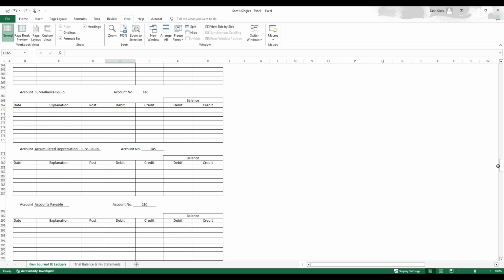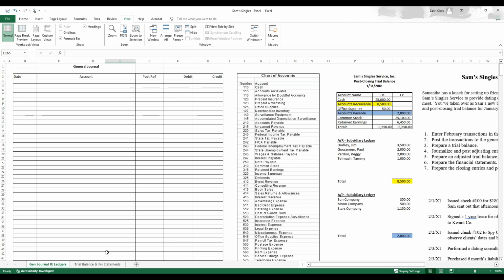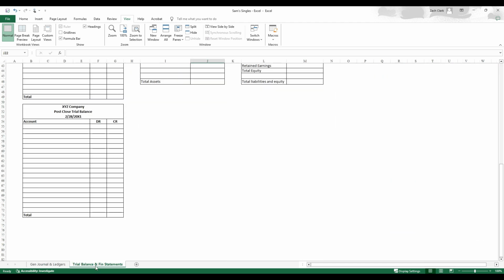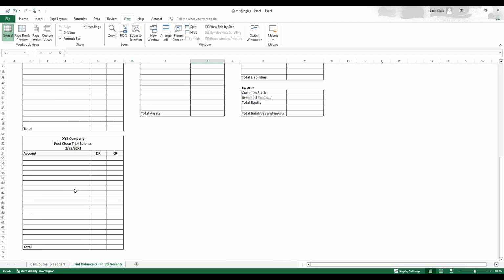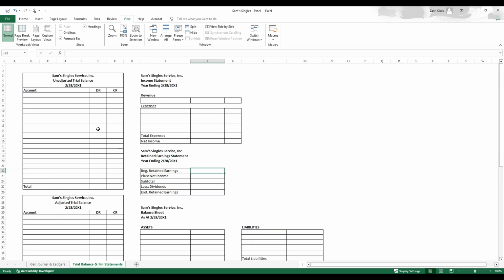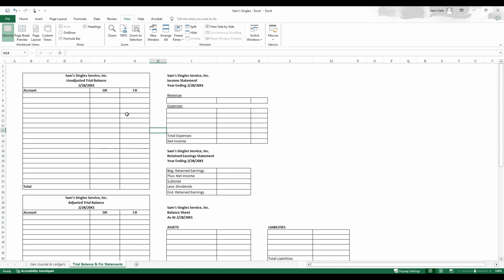So let's see what else to show you. Okay, so that's kind of the main page here, and then we have a second tab down below we can click into, and that will include 3 different trial balances that we're going to use. We've got our unadjusted trial balance, so that's before we make our adjusting entries, and I'm going to make this a little bit wider.